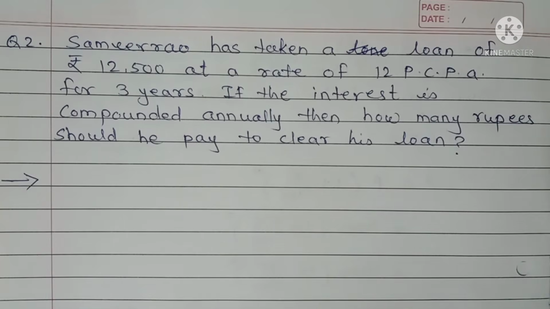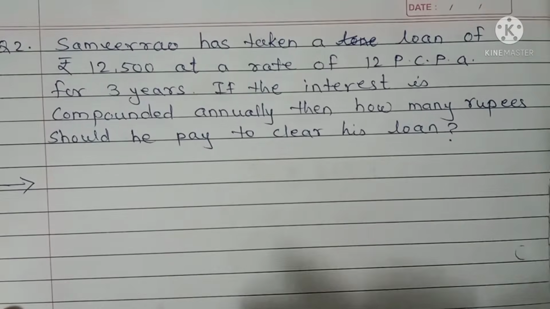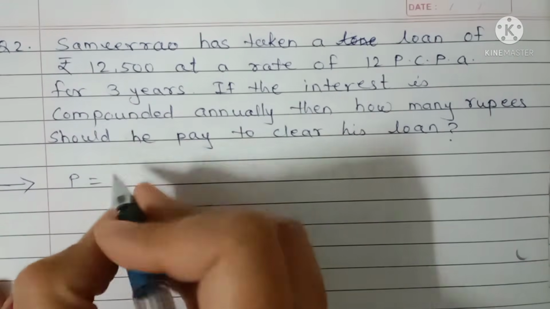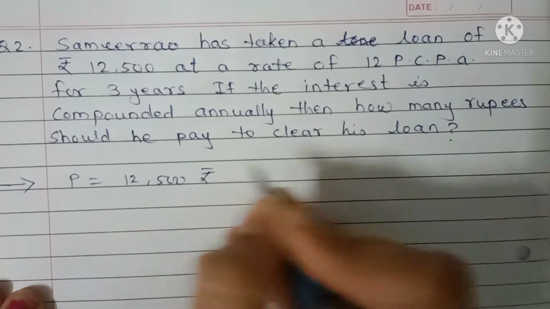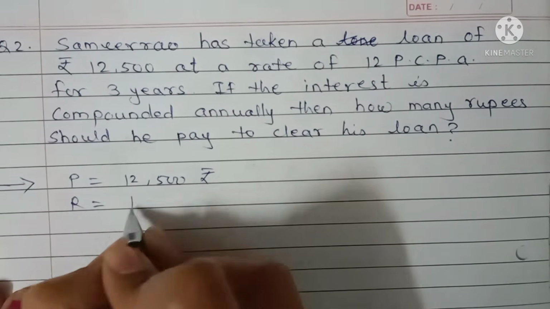Samirao has taken a loan of rupees 12,500 at a rate of 12 PCPA for 3 years. If the interest is compound annually, then how many rupees should he pay to clear his loans? First we will write down the given data. Here P is given 12,500 rupees. Rate of interest is 12.